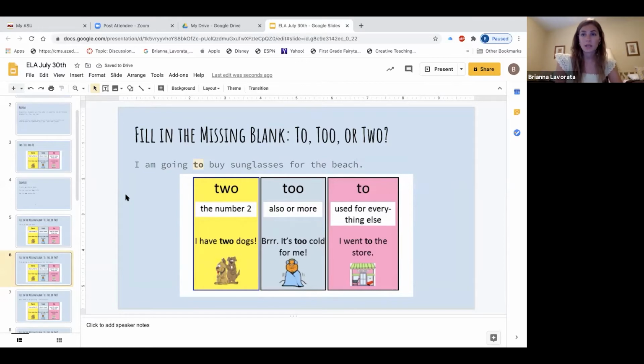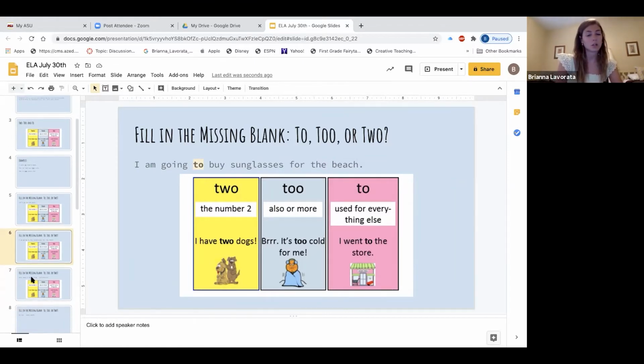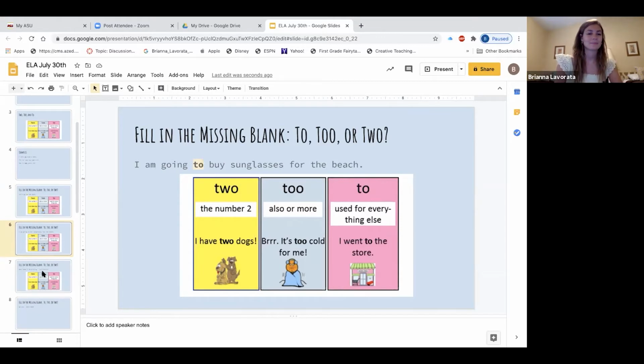When you want to express the word to, T-O, you're just using that for everything else, okay? You're not showing more of something, you're not showing less. So these are our examples here in yellow. T-W-O, remember, is the number 2. T-O-O is when you show also or more of something, and T-O is used for everything else.